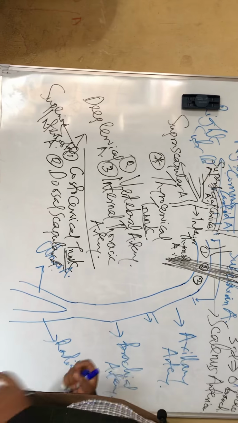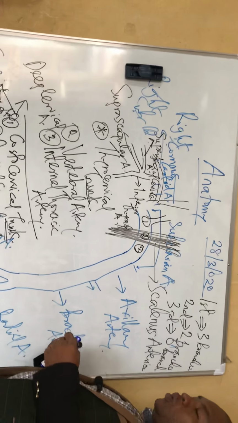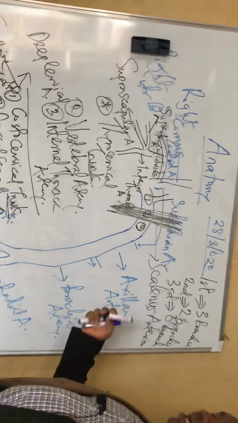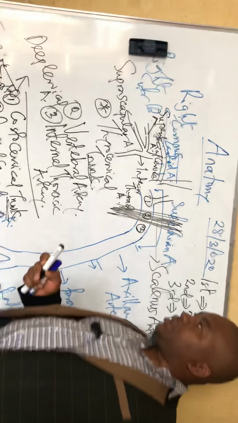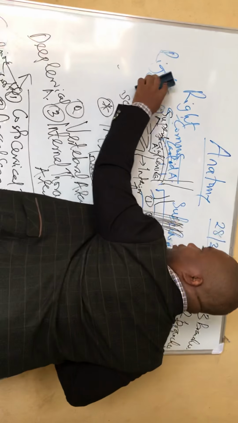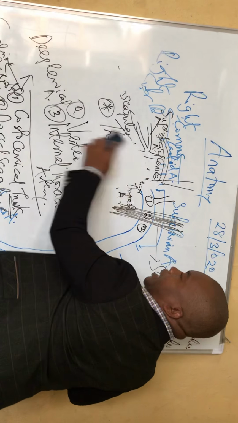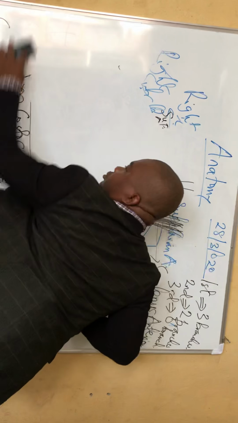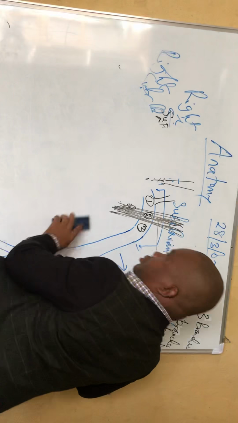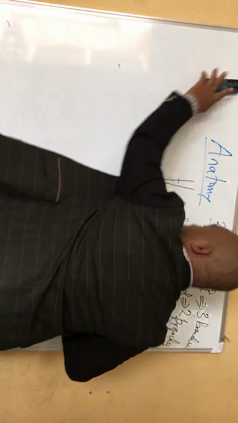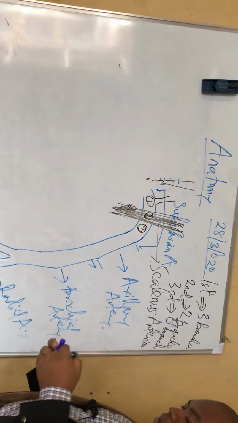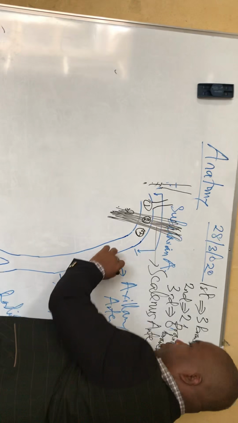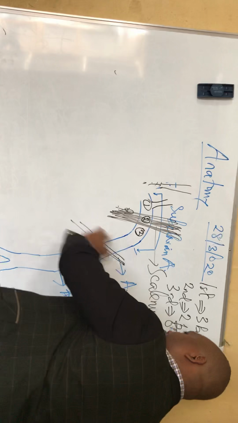Then we'll now move to the axillary artery. What do we have in the axillary artery? You find out that the axillary artery also has 3 parts to it, and these 3 parts are established by another muscle here.